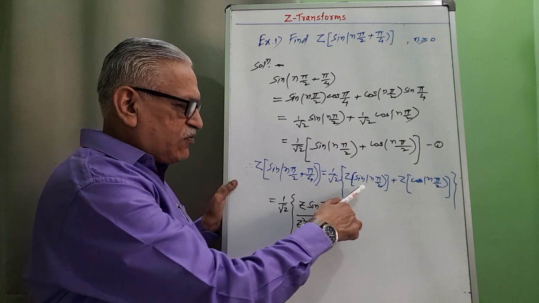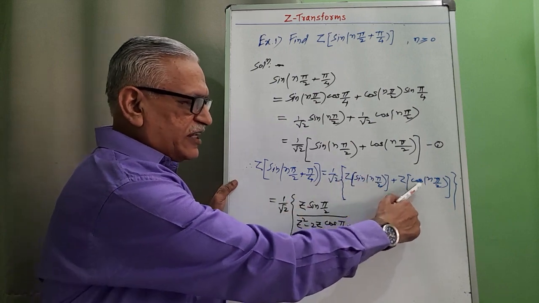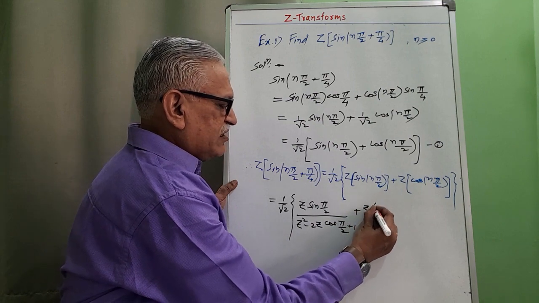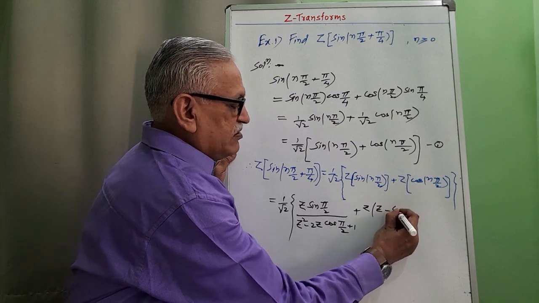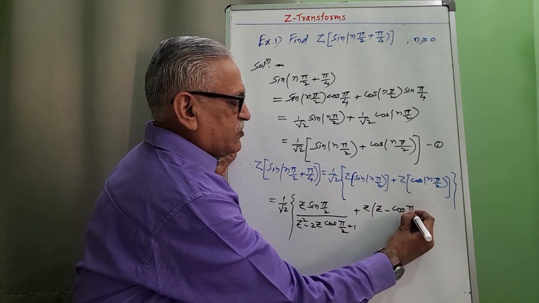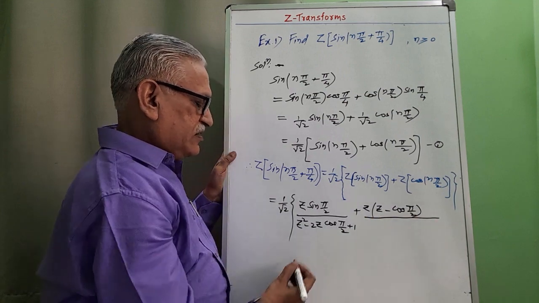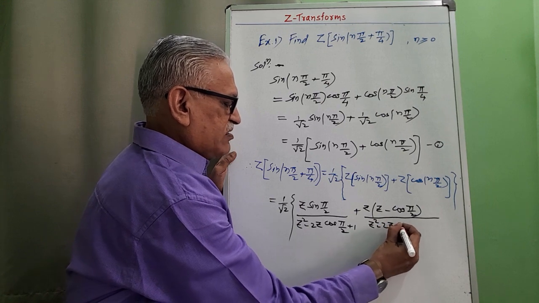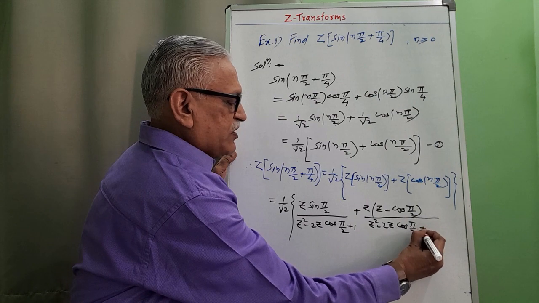This is the Z transform of sin ωn, and Z transform of cos ωn is Z into Z minus cos ω, cos of π/2, whole divided by Z² minus 2Z cos ω, cos of π/2, plus 1.